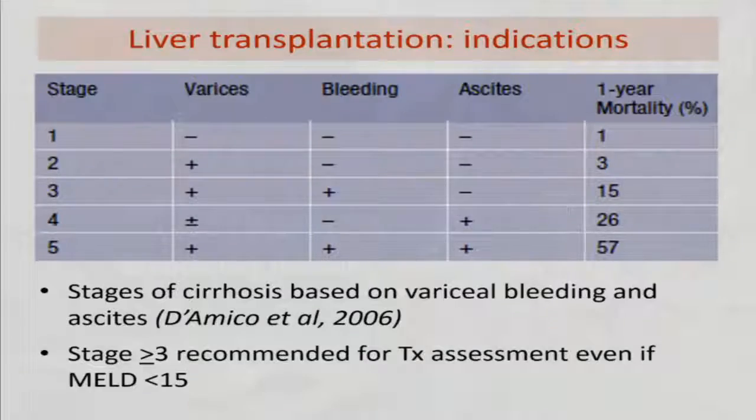Whereas if they have all 3, there's nearly a 60% mortality. So they suggested that anyone at stage 3 or above should be sent for transplant assessment. So basically what all these models are saying is that when a patient with compensated cirrhosis becomes decompensated, get a transplant assessment.